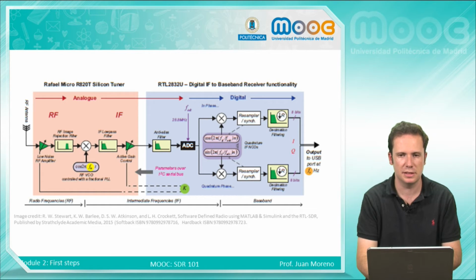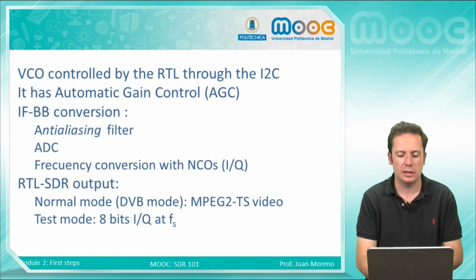It's decimated, and then the output goes to the USB port at the desired sampling frequency. This is a summary of what we have explained before. A very important parameter is these 8 bits for both the in-phase and quadrature branches, and also the sampling frequency.